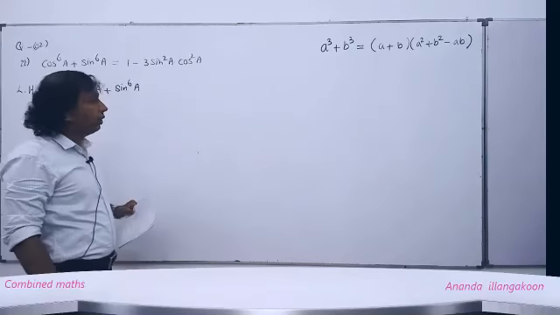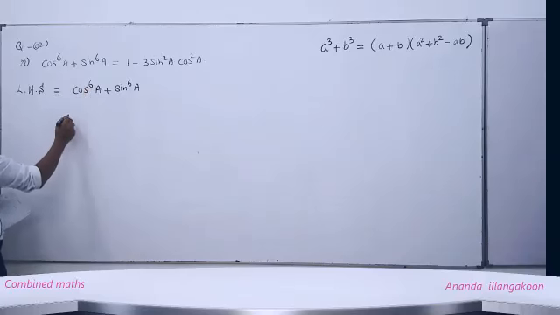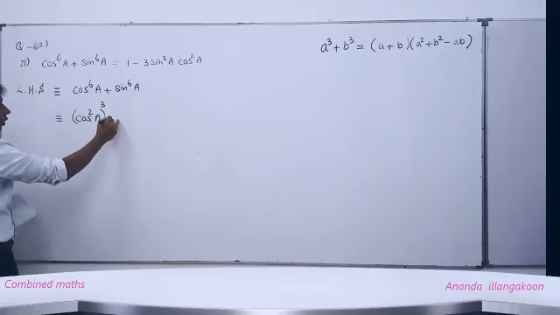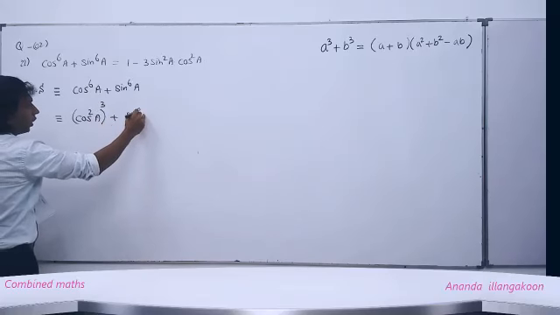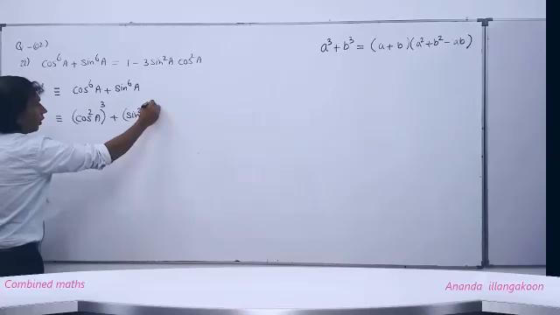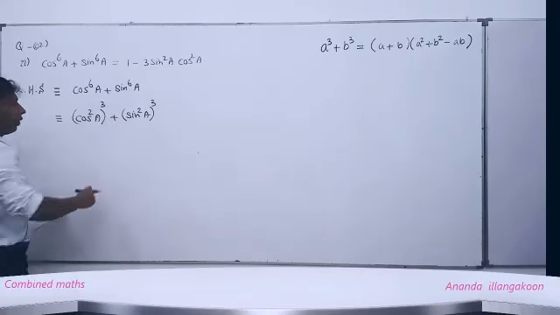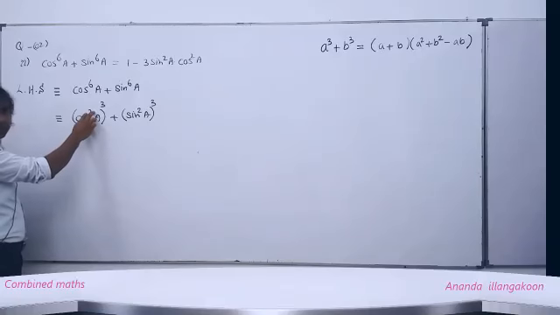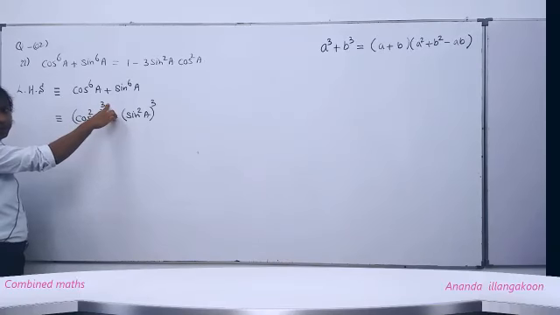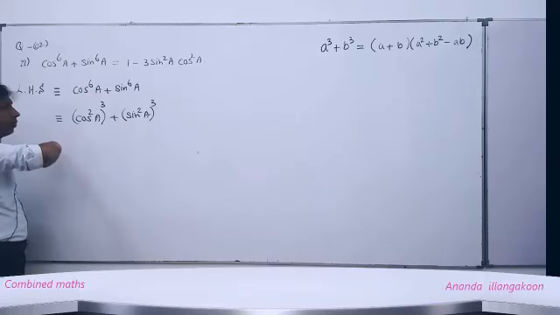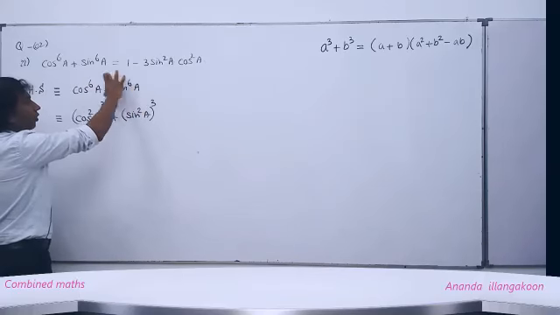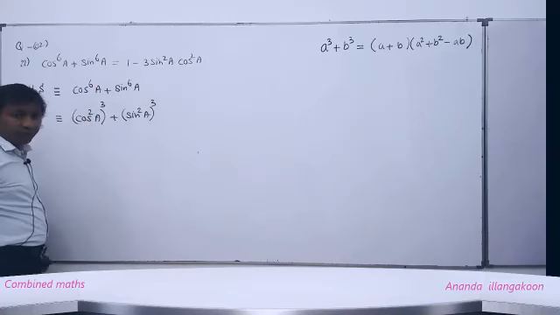So then I can write this cos to the power 6A like this: cos squared A to the power 3 and sin squared A to the power 3. This way I can write. Why? Because when we remove the brackets here, this inner power should be multiplied with this outer power. Then 2 into 3, this 6 comes. Here also 2 into 3, this 6 comes. Then this expression is what we have written here.